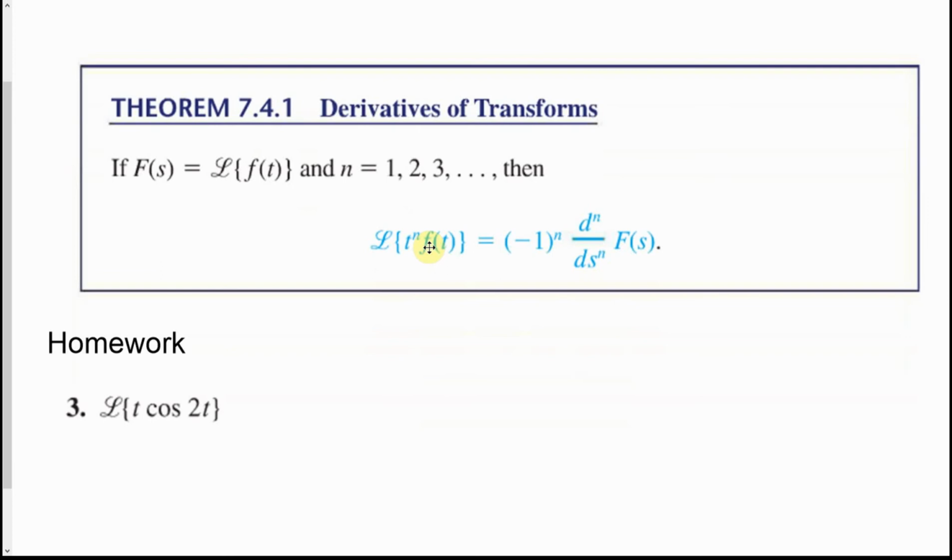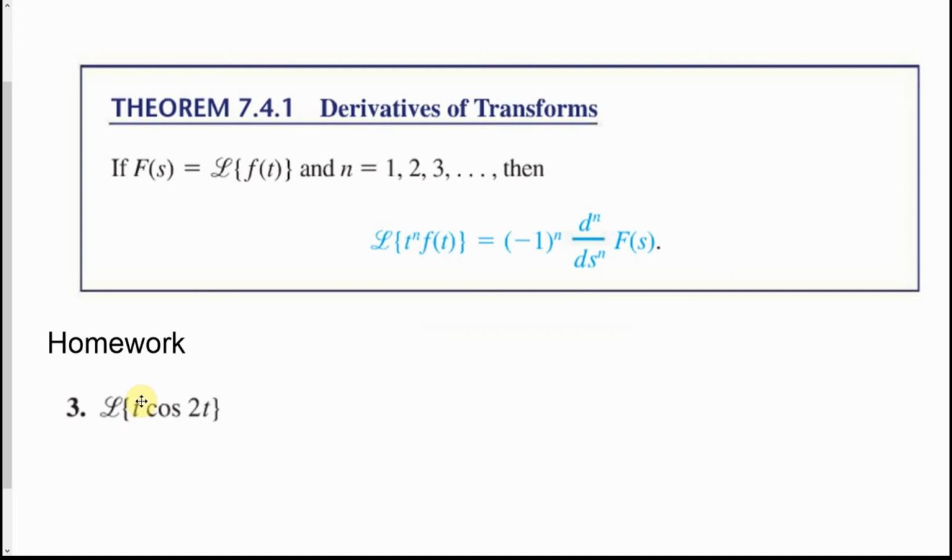Whatever that power of t is determines how many derivatives. So if it's t to the first power, then you're just dealing with the first derivative. If it's t to the second, then you're going to do the second derivative on the Laplace transform.